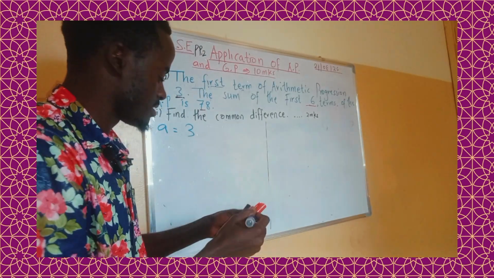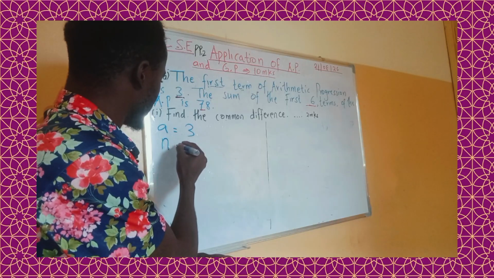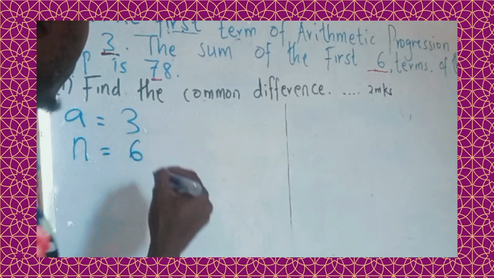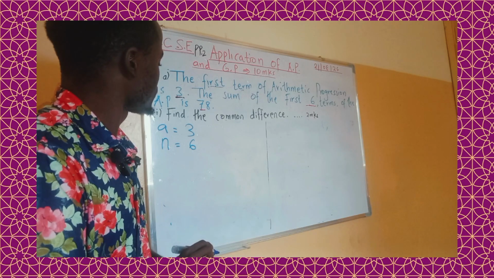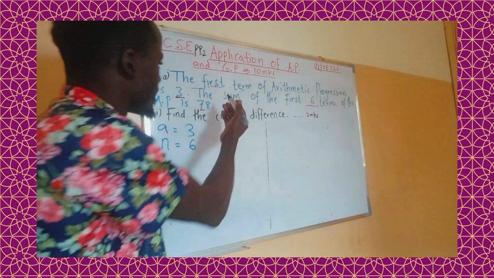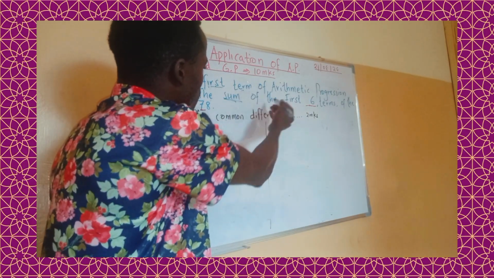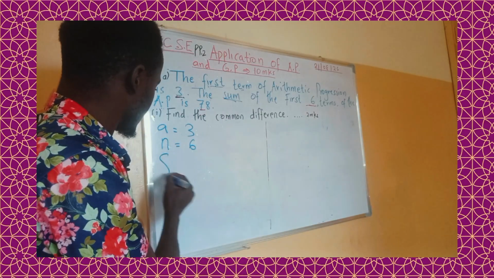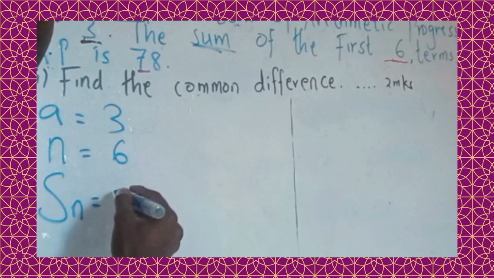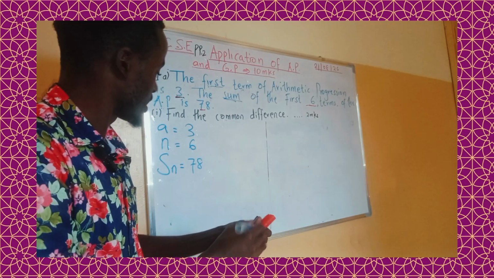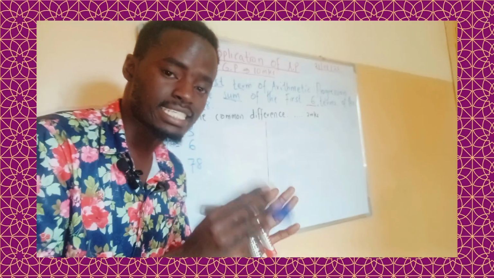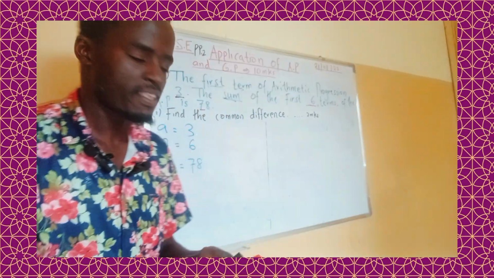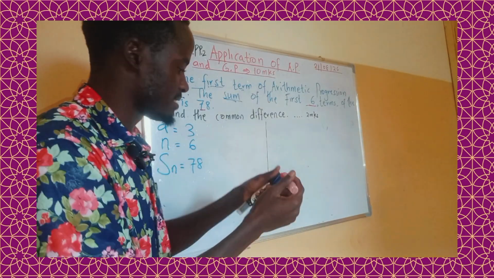So the number of terms, denoted by letter N, is 6. We continue reading. The sum of the first 6 terms of the AP is 78. Meaning, if you add all those 6 terms, you are going to get 78. Very good.